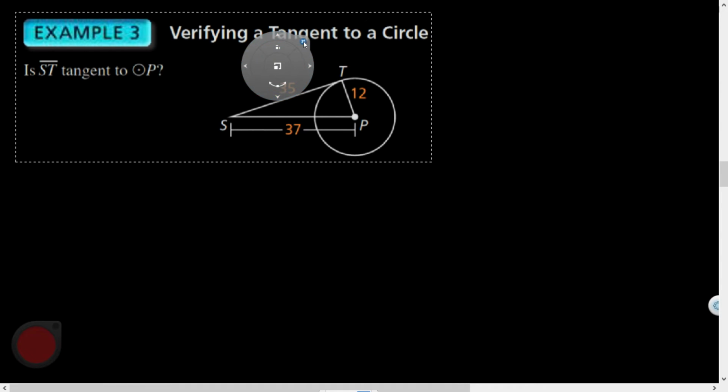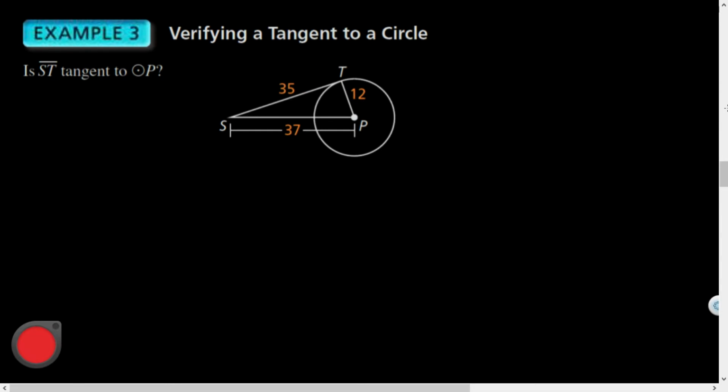All right, here's example 3. Is ST tangent to circle P? How could I do this? What are our thoughts? Well, it would be tangent if I could prove this is a right angle, correct?